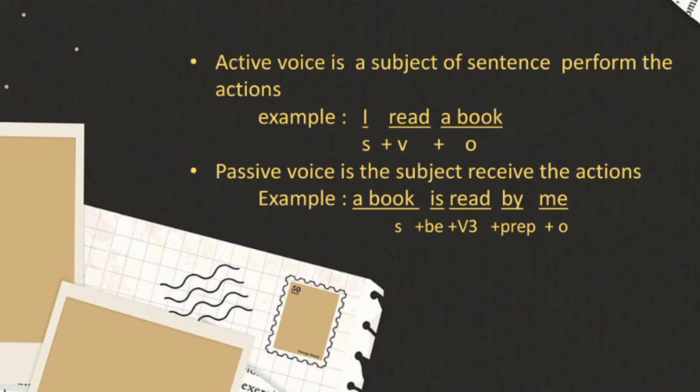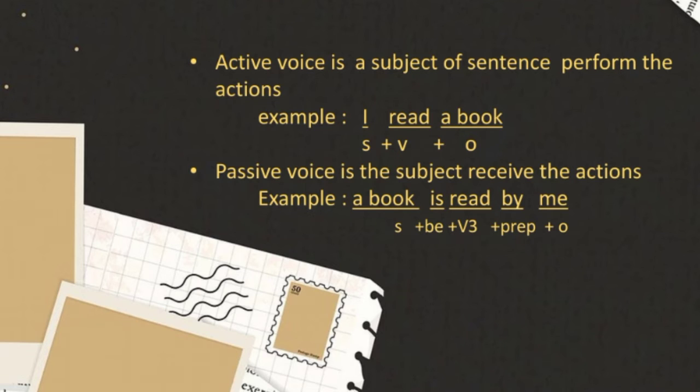And after that we add the preposition "by", and then the subject "me". It means that "me" in active voice is the subject, and if we move to passive voice, it becomes an object. So "I read a book" becomes "The book is read by me."